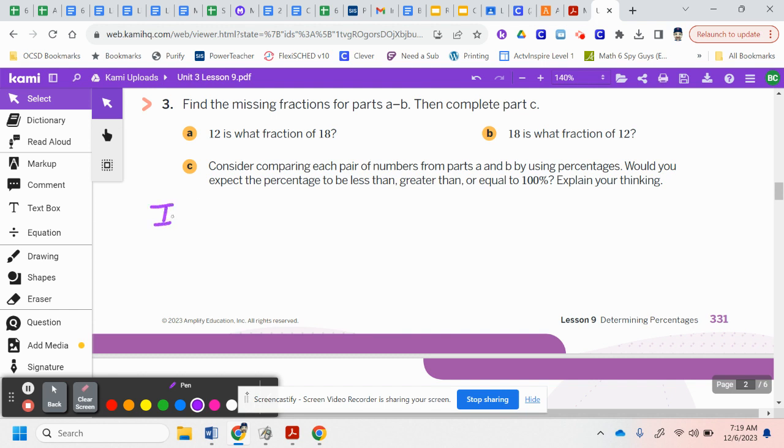Is over of equals some number over 100. So my is 12. 12 is of 18 equals some number over 100.